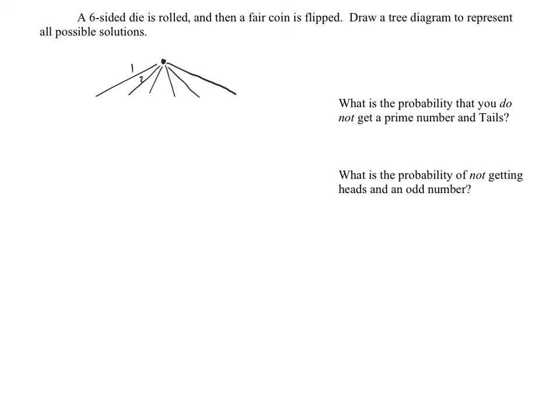So that's what all of these branches represent. All right, and then after that, at each one of those, that's when you're going to flip the coin. So from that point, you have heads or tails for each of these.